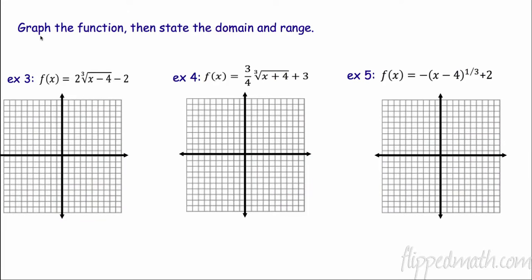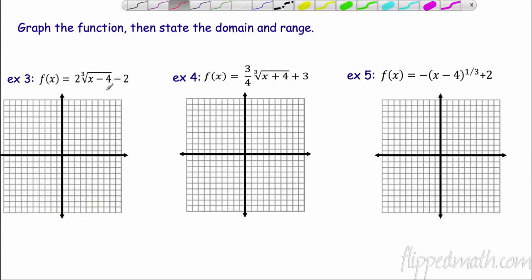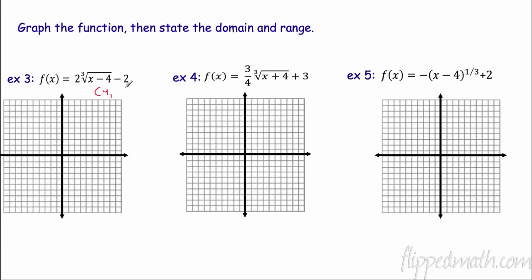All right, so here we go. The very first one, my reference point is going to be at positive 4 and negative 2. So 1, 2, 3, 4, 1, 2. Now I remember my points were negative 1, 0, 1.